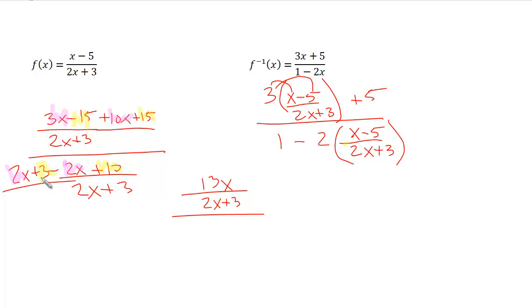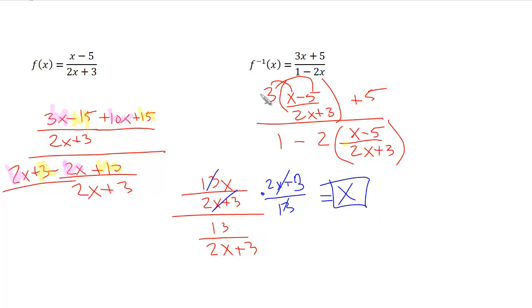So I have 3 plus 10, so I get 13 on top over 2x plus 3. And again, we multiply by the reciprocal, 2x plus 3 over 13. My 13's cancel. My 2x plus 3 cancel. I'm left with just x. So indeed, these are inverses.